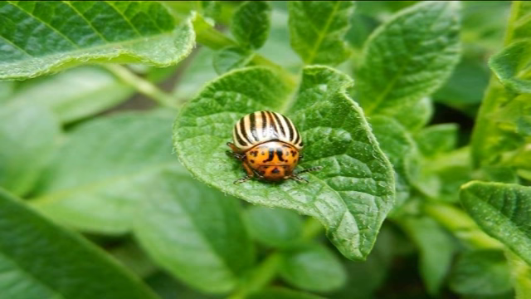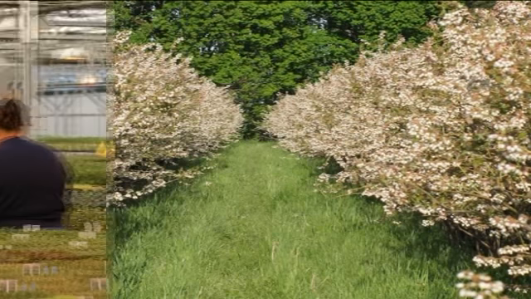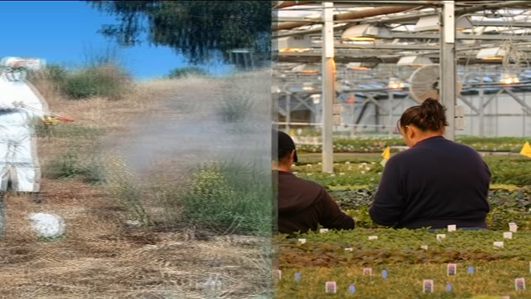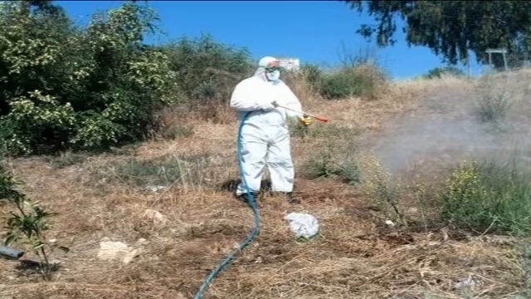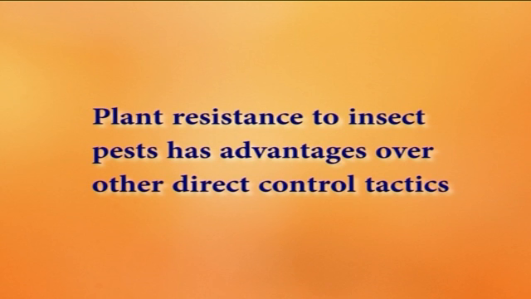The compatible complementary role plant resistance to insect pests plays with other direct control tactics is, in theory and practice, in consonance with the objectives of integrated pest management. All crop cultivars should contain resistance to insect pests. Plant resistance to insect pests has advantages over other direct control tactics.